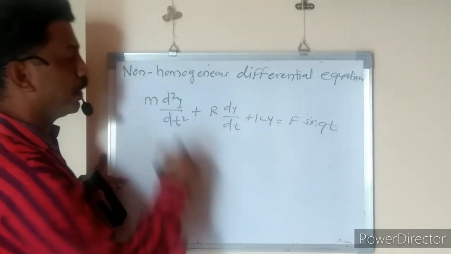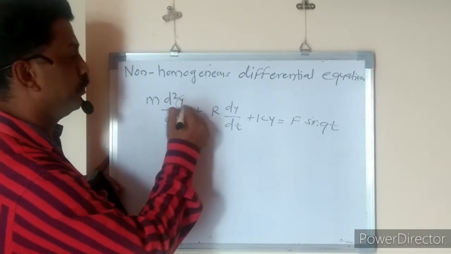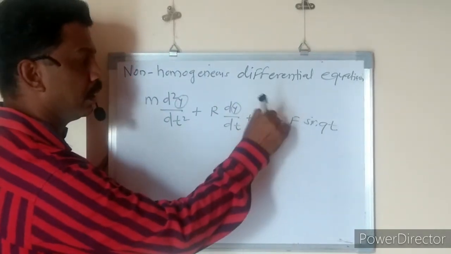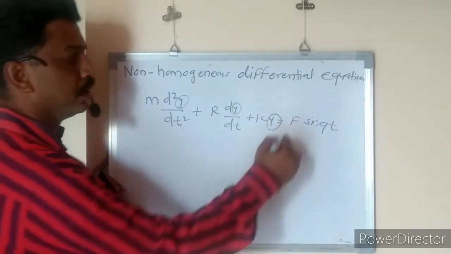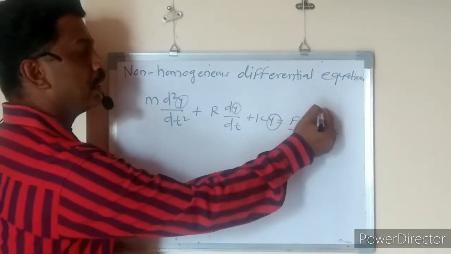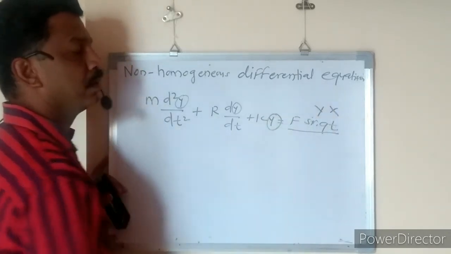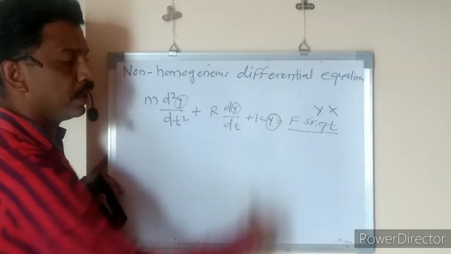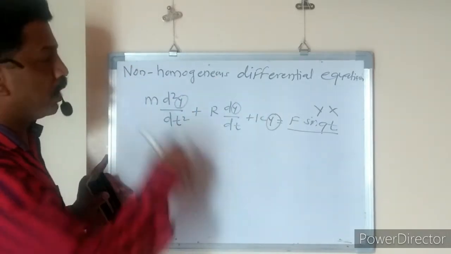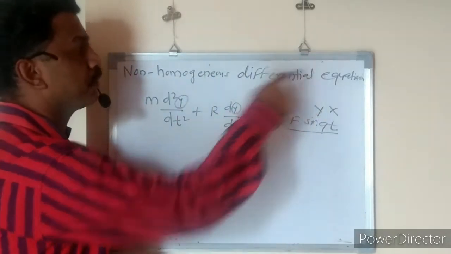Here the dependent variable y is present, here the dependent variable y is present, here the dependent variable y is present, but in this term the dependent variable y is not present. Therefore this equation is known as a non-homogeneous differential equation.